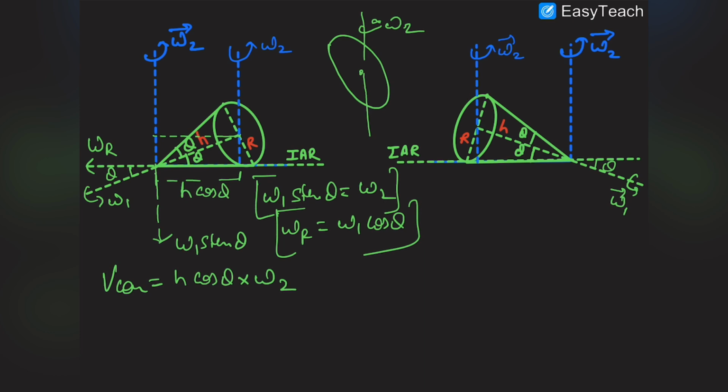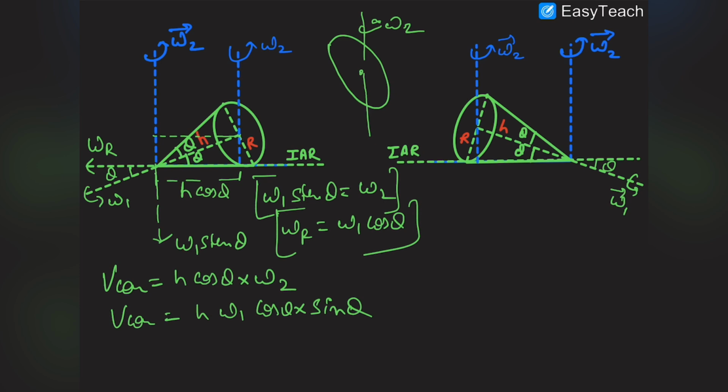And omega 2 is also equal to omega 1 sine theta. So I am substituting omega 2 by omega 1 sine theta. So VCOM would be h omega 1 cos theta sine theta. So this is the VCOM in terms of omega 1.